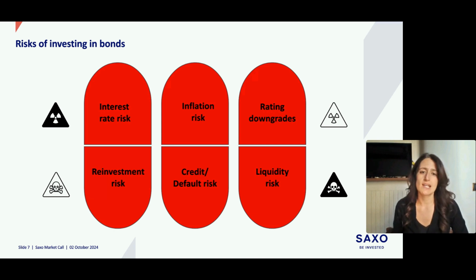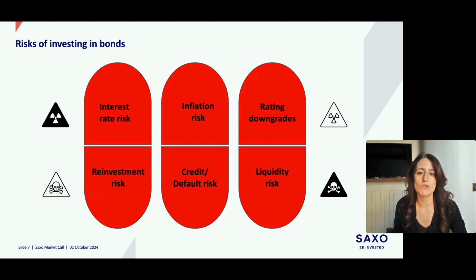Then there is another set of risks, but I think it's very important right now because the economy is decelerating, to also highlight rating downgrade risk and credit default risk. When there is a good macroeconomic backdrop, normally these are not a huge part of the problems that bond investors will face.